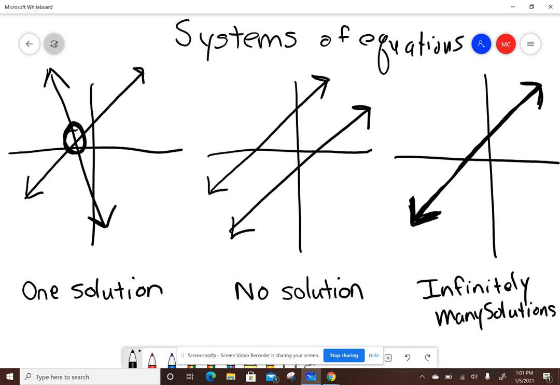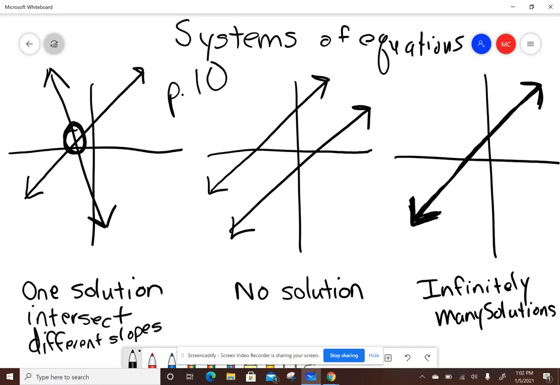Now, if you turn to page 10 in chapter 7, and you look at the bottom of the page, you will see something that looks very similar to what I just graphed. It tells you that you will have one solution when the lines intersect. And the only way lines are going to intersect is if they have different slopes. Then you see two lines that are parallel.